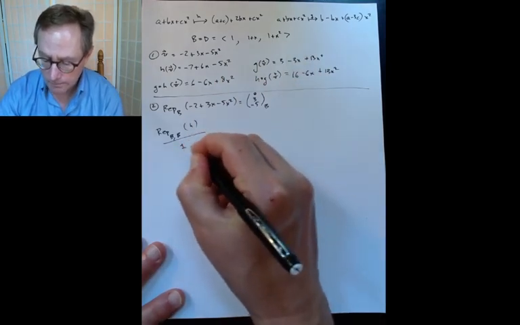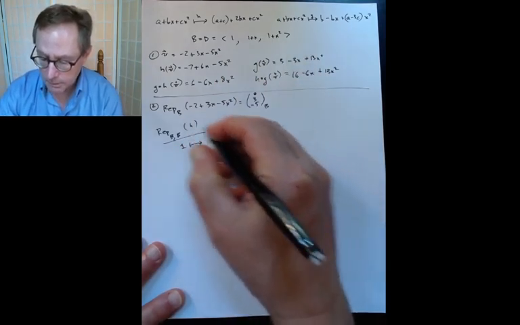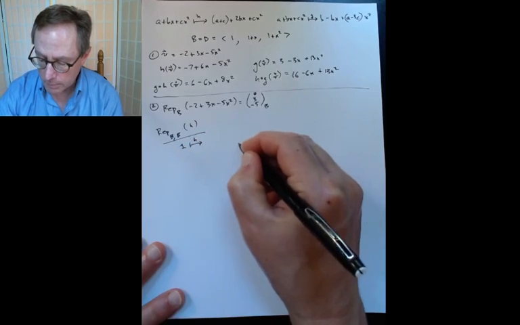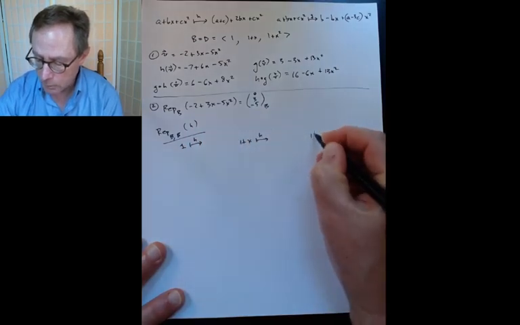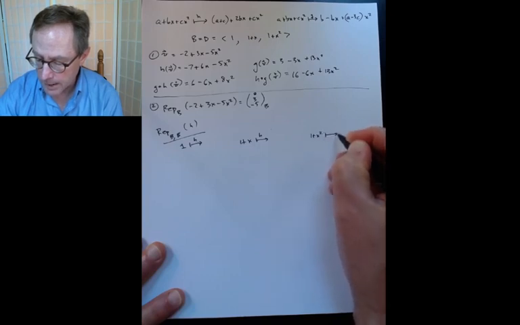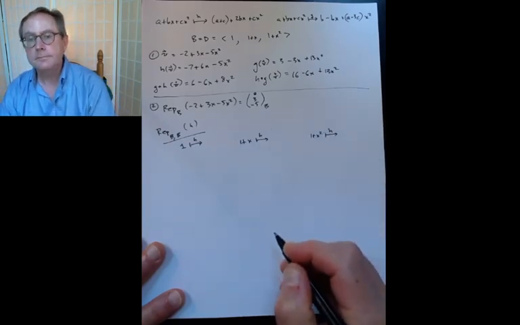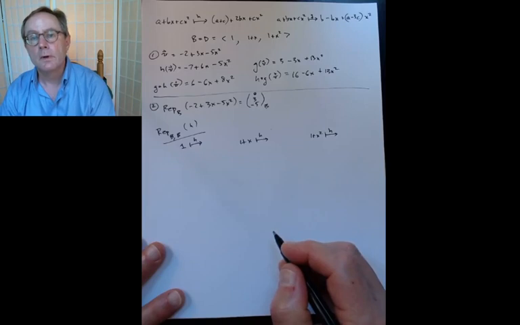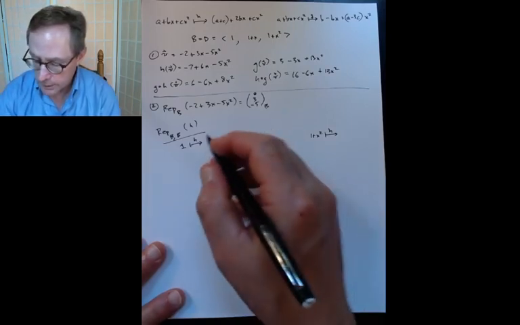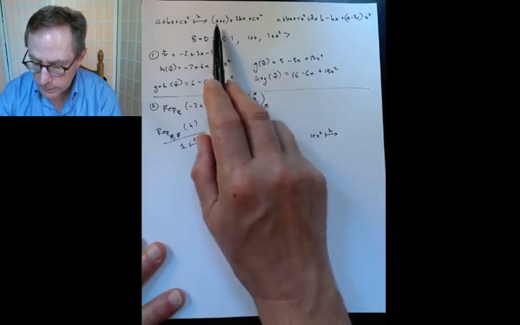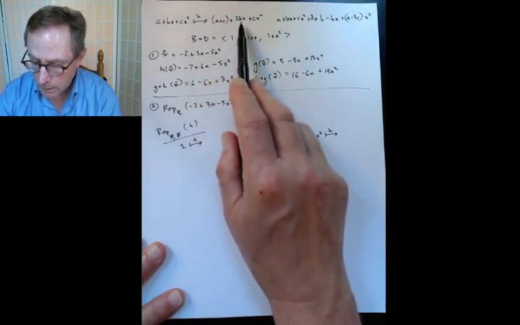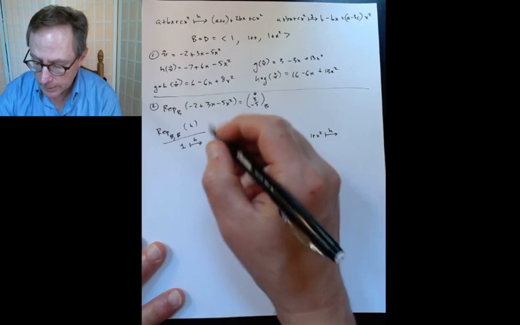So 1, see where it maps under h. 1 plus x, see where it maps under h. And 1 plus x squared, see where it maps under h. And let's see, this maps to what? You get 1, 0x, 0x squared.